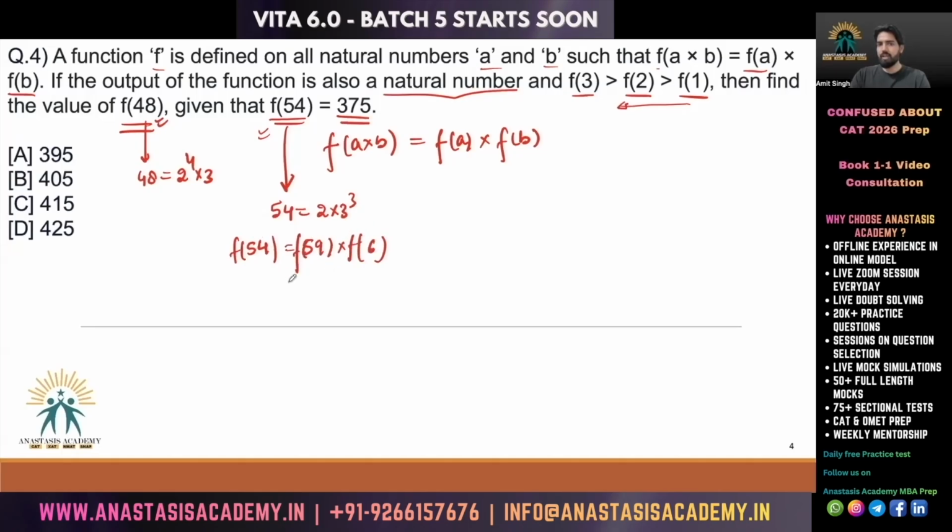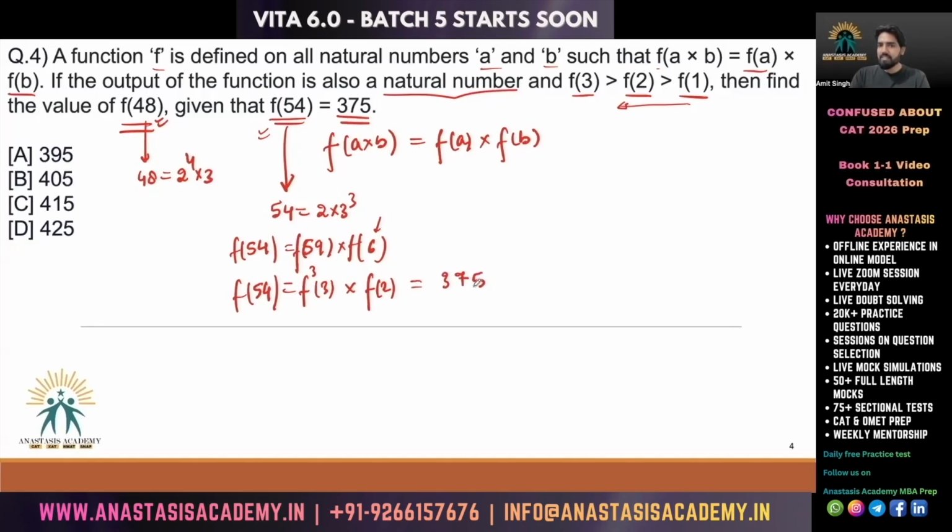And f of 9 can be written as f of 3 into 3, and 6 could be written as f of 3 into 2. So f of 3 whole cube into f of 2. This is f of 54, correct?